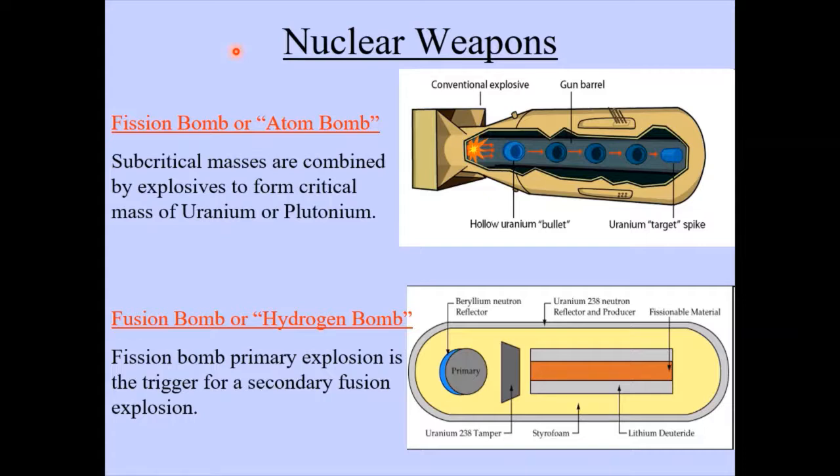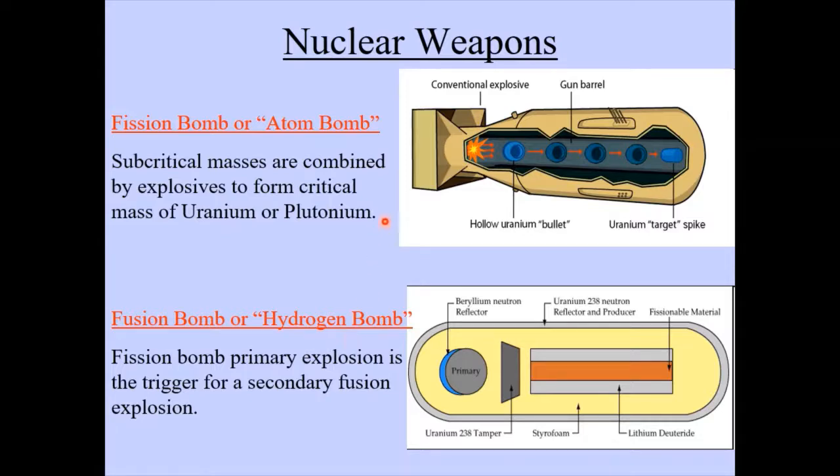So there are two types of nuclear weapons. The one uses fission, nuclear fission, which remember is splitting apart of the atoms or the nuclei, and these are usually called atom bombs. The other type of weapon uses the fusion reaction, and this is called a hydrogen bomb.